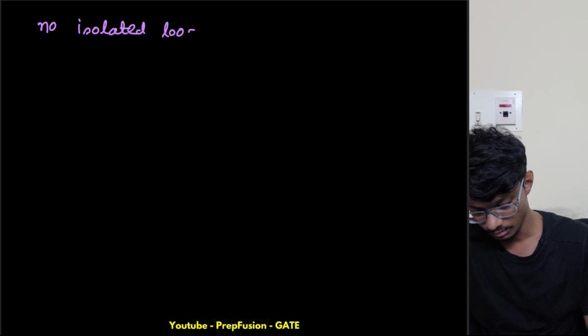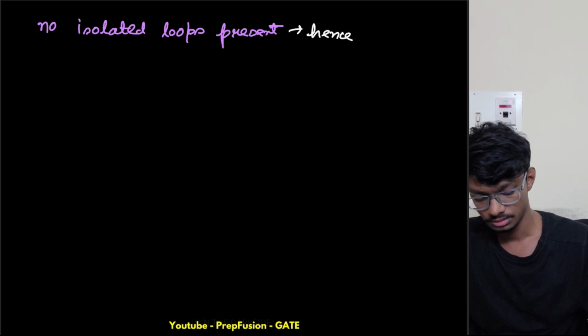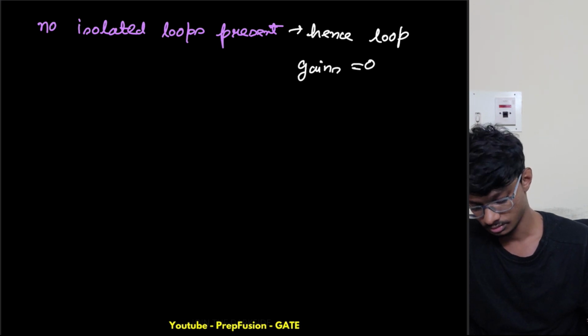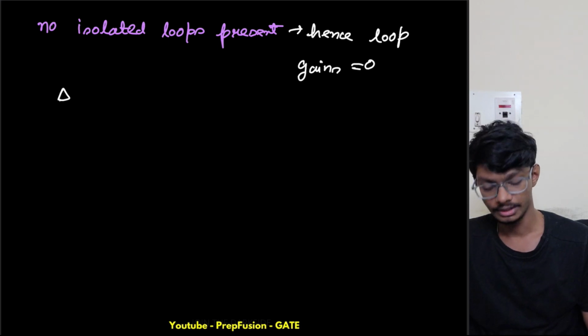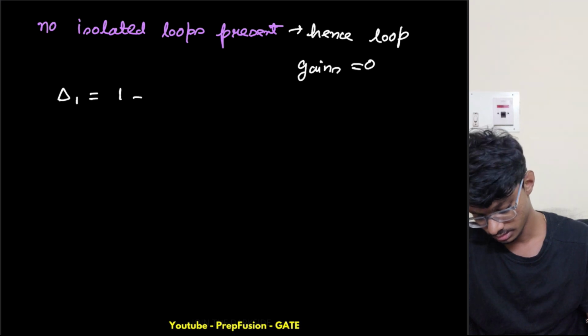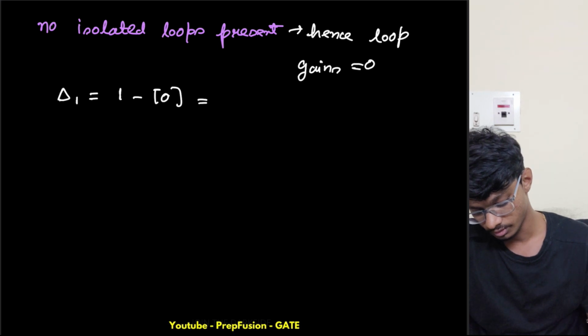So no isolated loops are present, hence loop gains will be 0. What will be my delta 1 with respect to that forward path? It will be 1 minus 0 only, because loop gains are 0 and afterwards all the terms will be 0, so it will be 1 only.